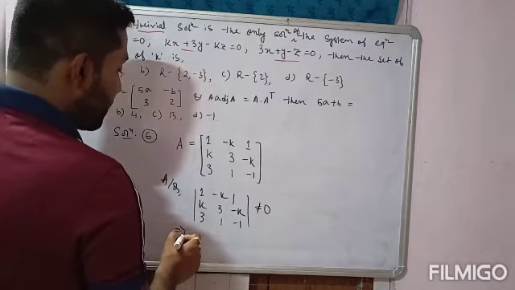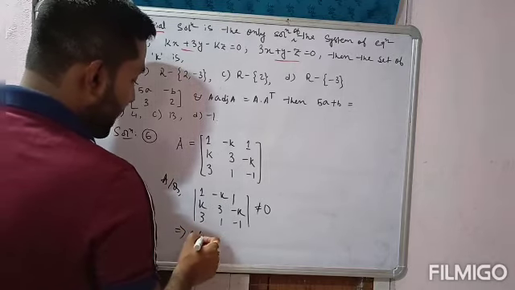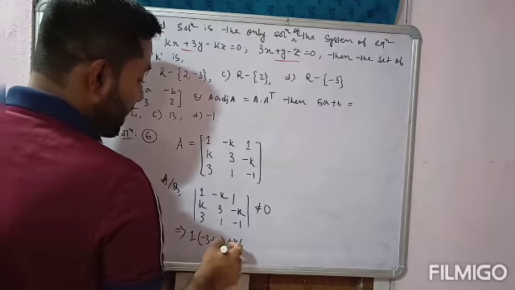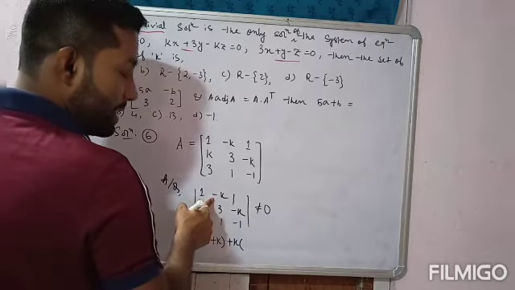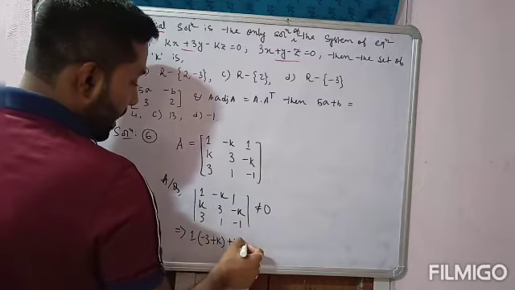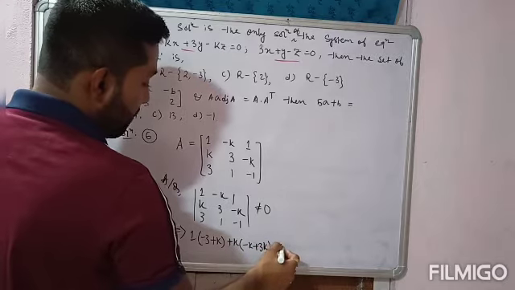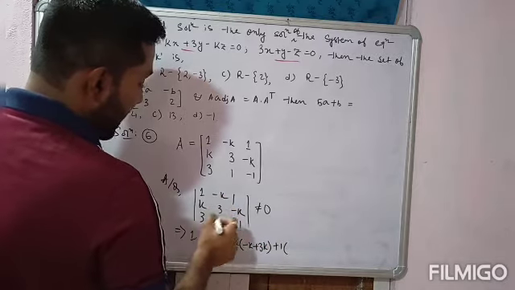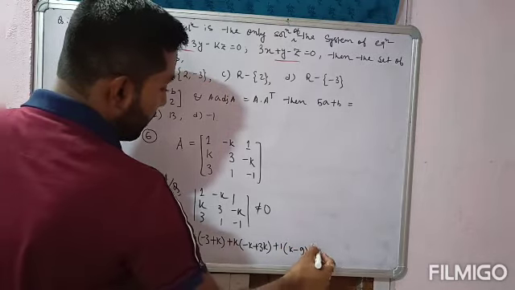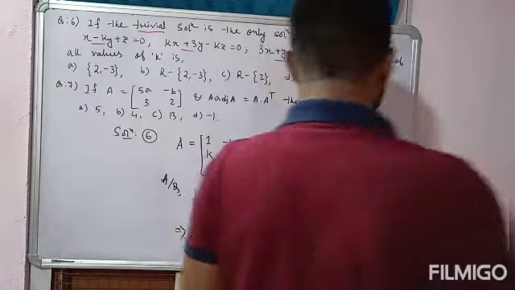Now expand it, you know how to expand. The first element is 1, delete its row and column: minus 3 plus k. Then plus k into — actually here a minus sign would be there, but since minus is already there, minus minus becomes plus — delete the position, then minus k plus 3k. Plus 1 into, deleting the position of 1, k minus 9, which is not equal to 0. Okay, trivial means not equal to 0, non-trivial means equal to 0.